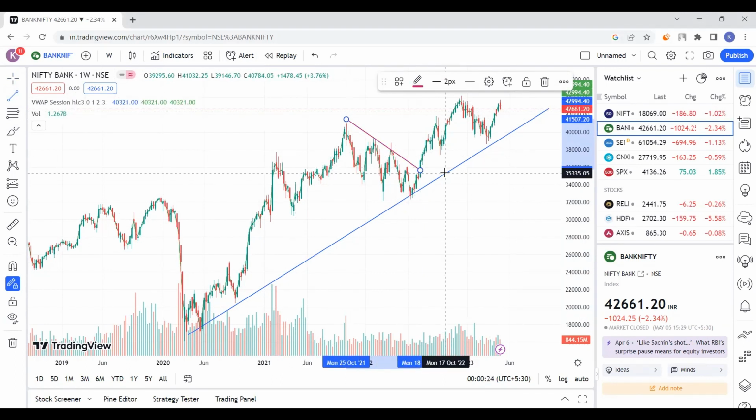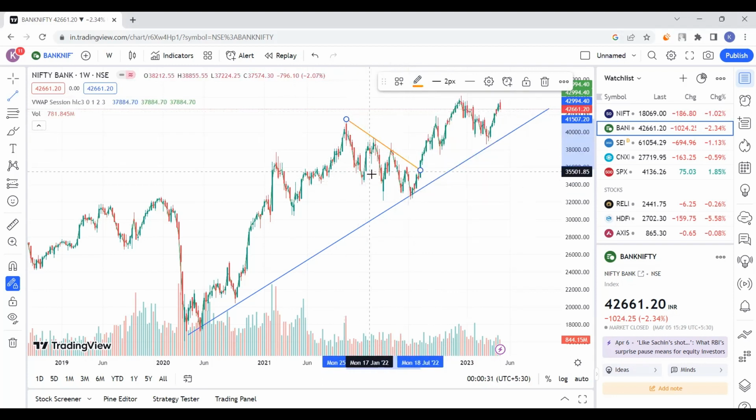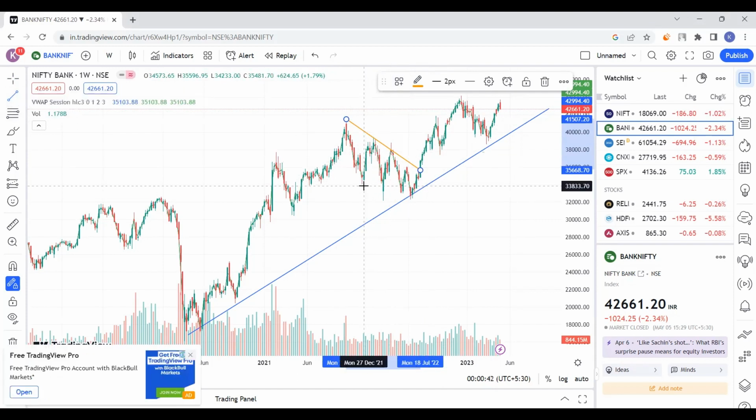And what is the minor trend? The minor trend is, you can see here, the market is going downwards. But in between, the market has gone upwards as well. Some weekly candles are in the upward direction.